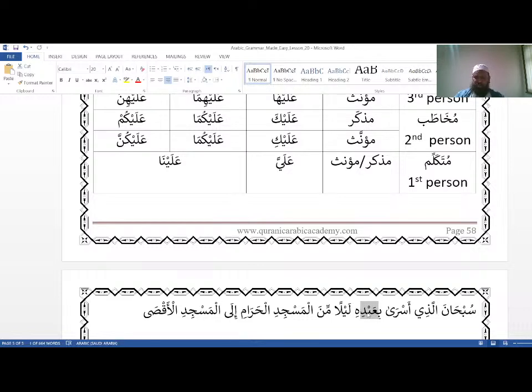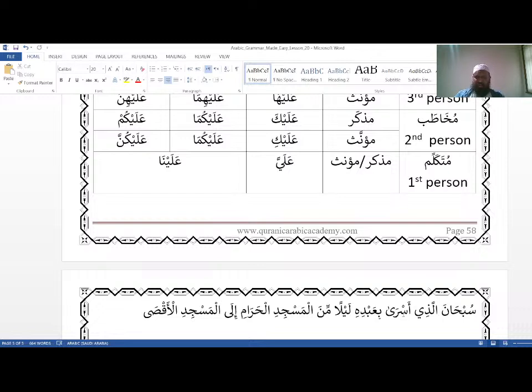So abduhu, mudaf and mudaf ilayh. Harful jar B is used here. That's why this ism is in halatul jar. بعبده. سبحان الذي أسرى. أسرى is one of the fail, to take someone in the night.